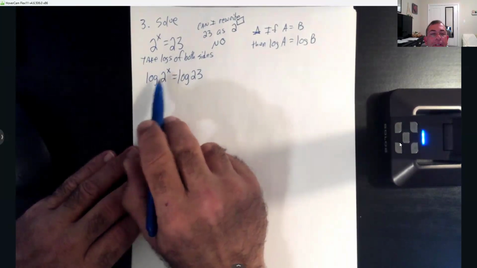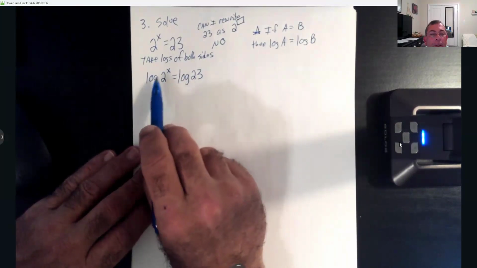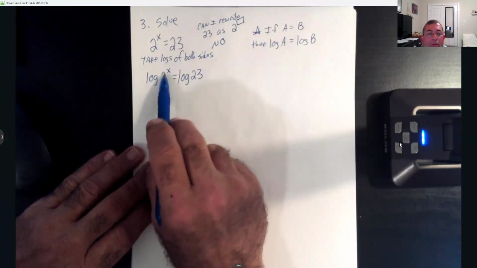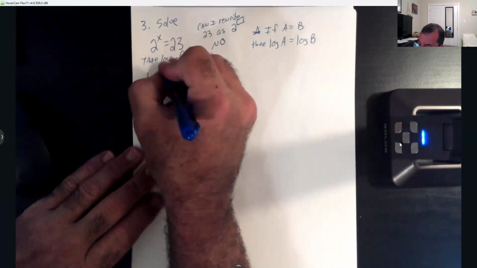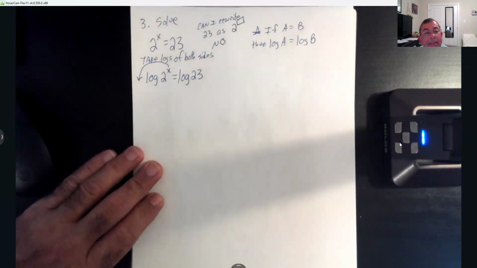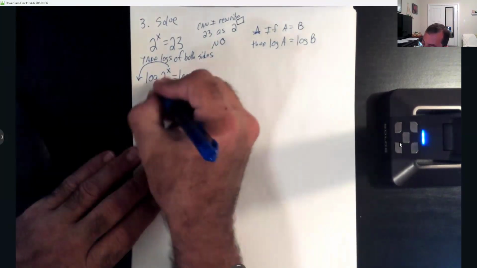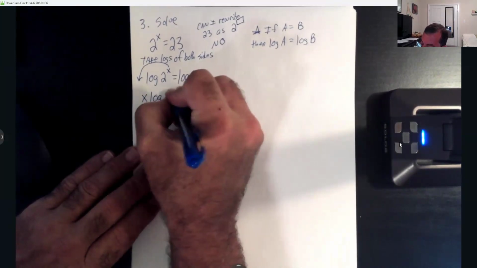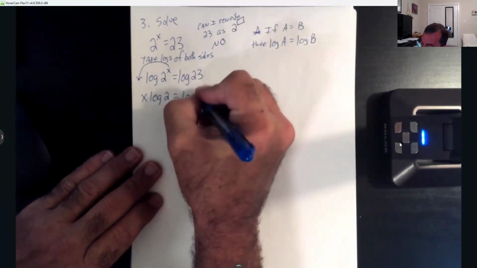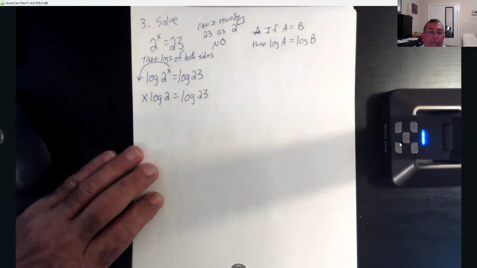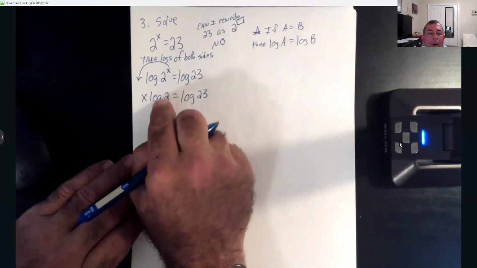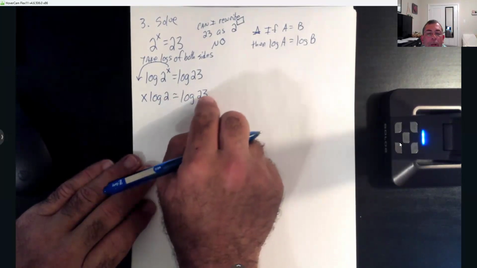So remember on my instructions, after I took the logs, the whole reason we're taking logs is now I can use the power rule over here and bring that x down to the front. So that I get x log 2 equals my log 23. So x times log 2 equals log of 23.